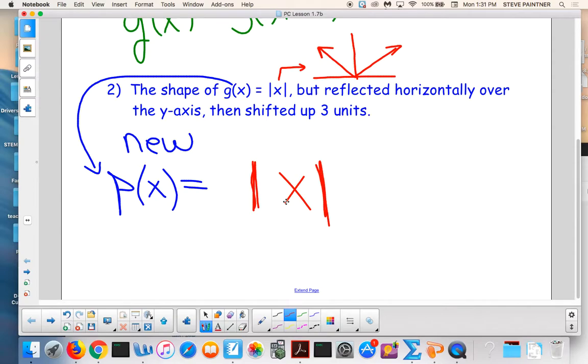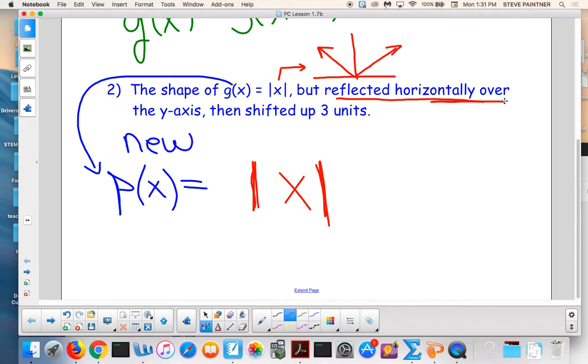Then go out in front of your function, right out here, and look to see if there's some kind of vertical shifting going on, or vertical stretch, or vertical compression. Looking here, reflected horizontally over the y-axis. So if you're reflecting over the y-axis, there's your parent. What's it going to do when you reflect it over?